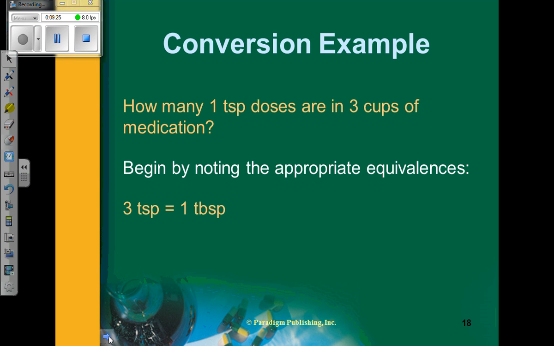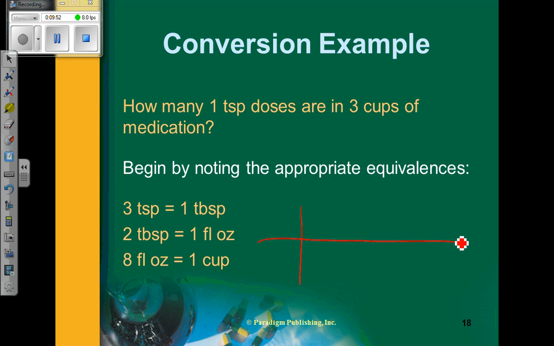You know 3 teaspoons equals a tablespoon. You know 2 tablespoons equals 1 fluid ounce. And you know 8 ounces equals 1 cup. So what I'm going to do is make your cross. We're going to make a long one. We're trying to find how many 1 teaspoon doses are in 3 cups.